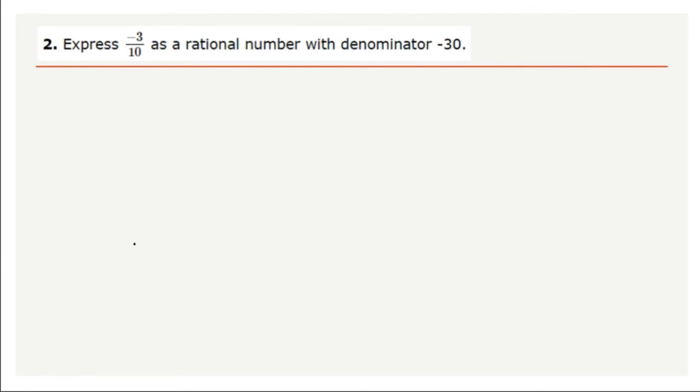Question 2. Express negative 3 upon 10 with the denominator negative 30. Now negative 30 has to be divided by positive 10, we get negative 3.